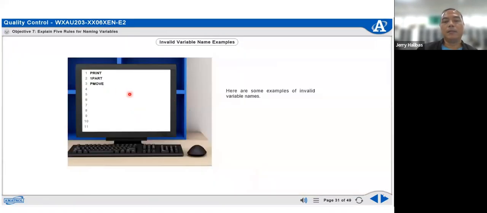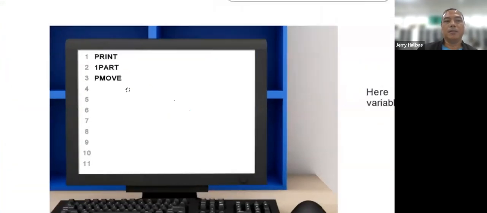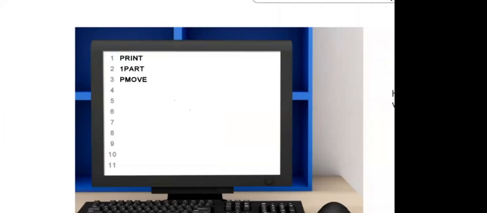Okay, so you will notice this variable, one part. Is it a valid variable name? Guys, is it valid or invalid? What have you learned in your programming? Invalid. Okay, very good.